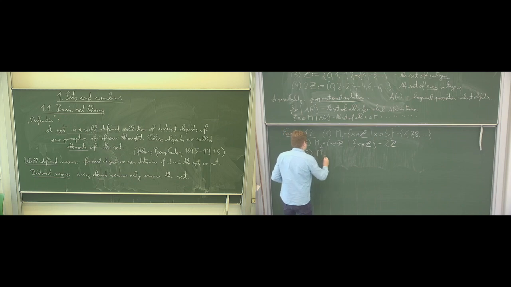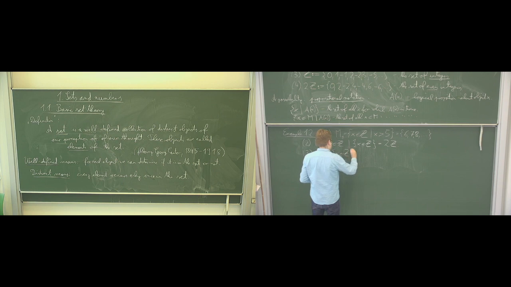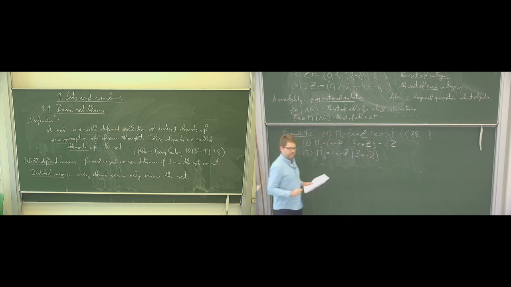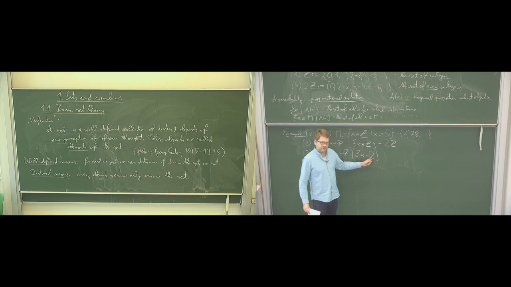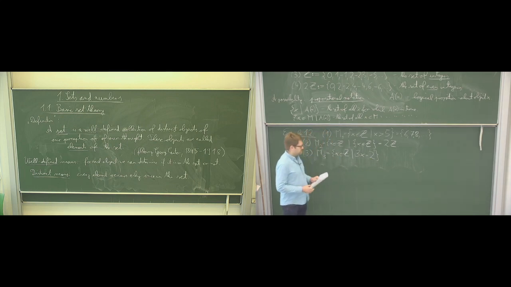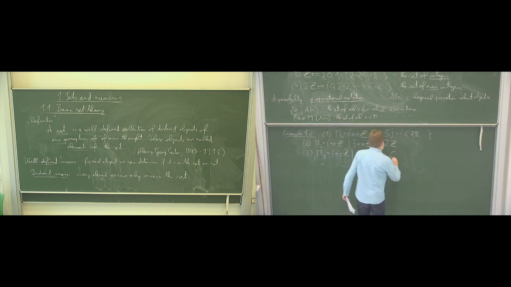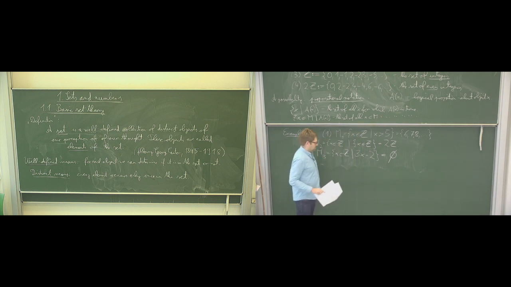Okay, let's take a look at another example. We take the set of all integers such that 3x is equal to 2. As we know, this equation is not fulfilled by any integer. So the set of all these things for which this is true is empty. There's no such number. And this empty set is denoted by this symbol, as you will probably have seen.